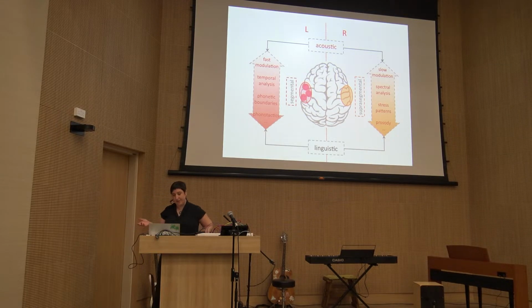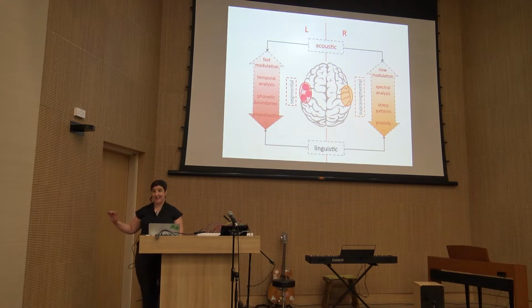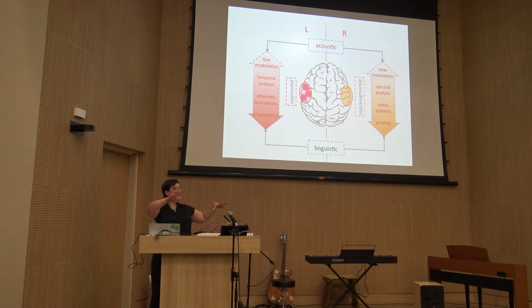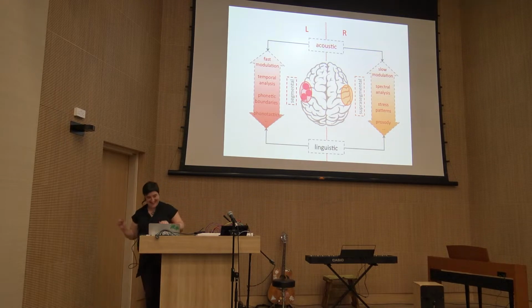On the other side of the equation, we know that the right hemisphere is handling things that are less temporally precise. It might be helping us more with our understanding of pitch, melody, and in language, prosody. So that's the melodic intonation, the ups and downs of the way a speaker says their words together.